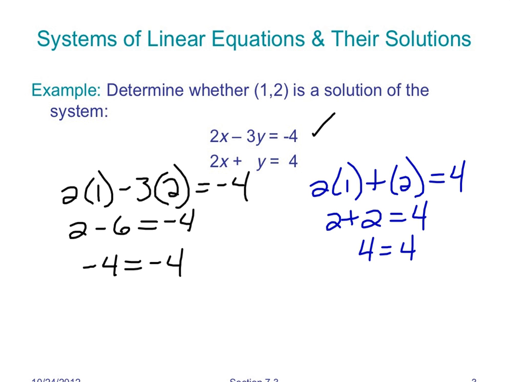So the point 1, 2 is on the second line, 2x plus y equals 4. Since the point 1, 2 satisfied both equations, then the answer to this question, is it a solution to the system? The answer is yes.